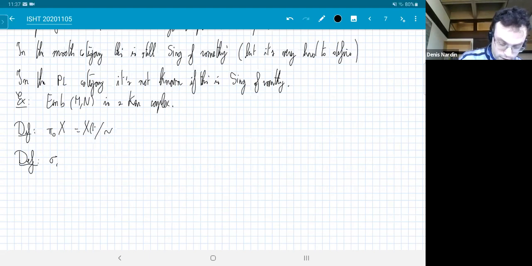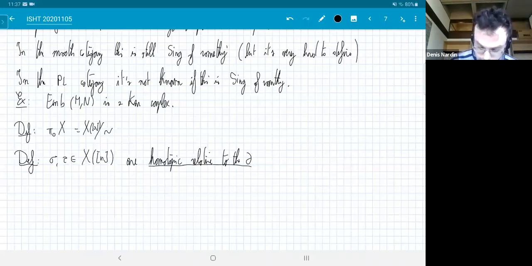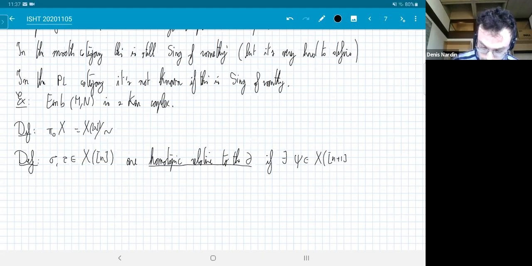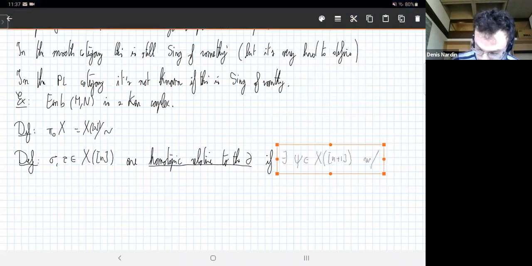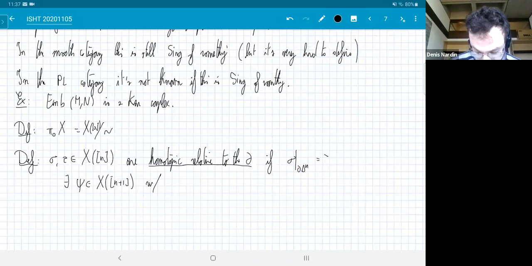So we have sigma and tau n-simplices, which are homotopic relative to the boundary if there exists psi, an (n+1)-simplex, such that the restrictions to the boundary are the same, of course, otherwise that wouldn't make a lot of sense.